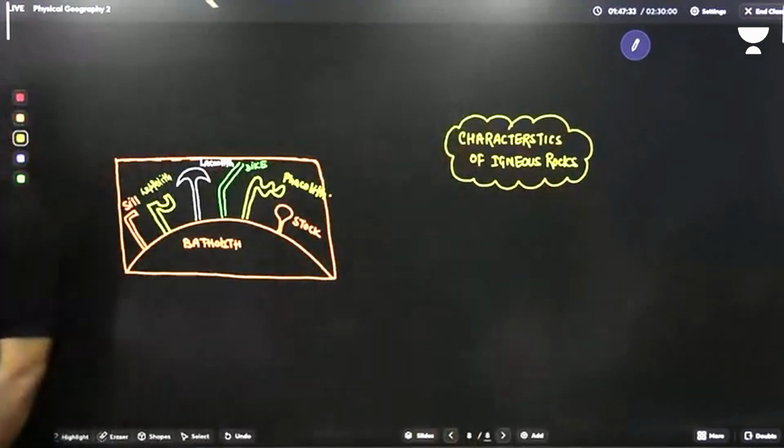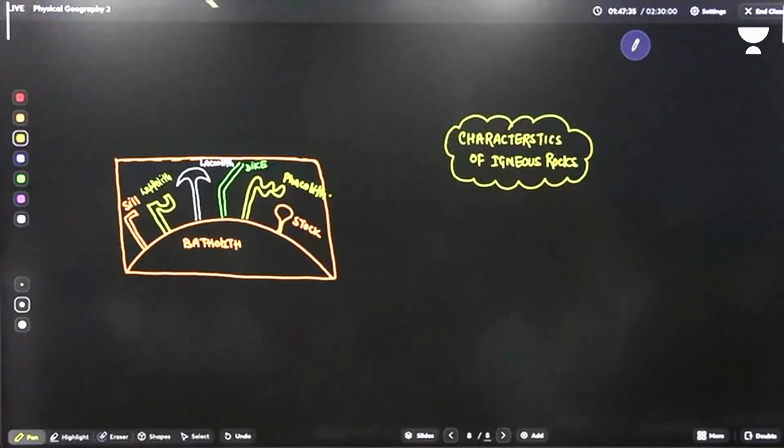बताइए जरा वन बाय वन. Tell me what are the characteristics of igneous rocks? अरे बोलो, इतना पढ़ लिया आप तो बता दो. सही में ब्रेक चाहिए आप लोगों को? Yes.